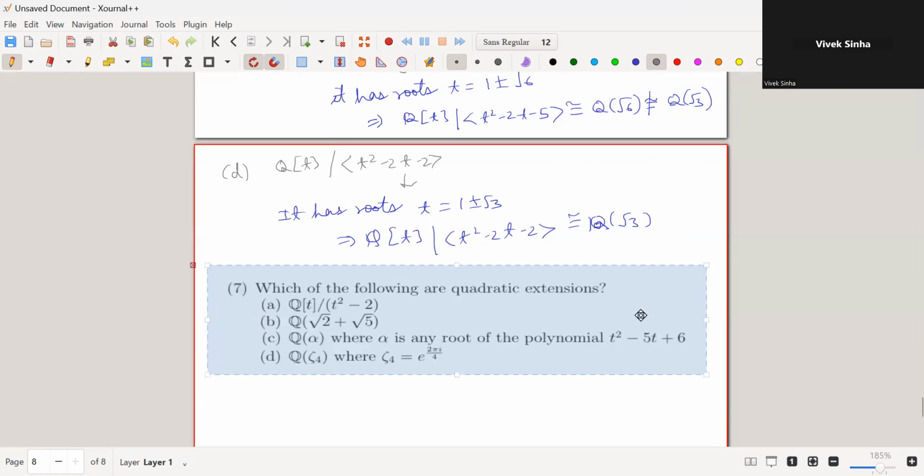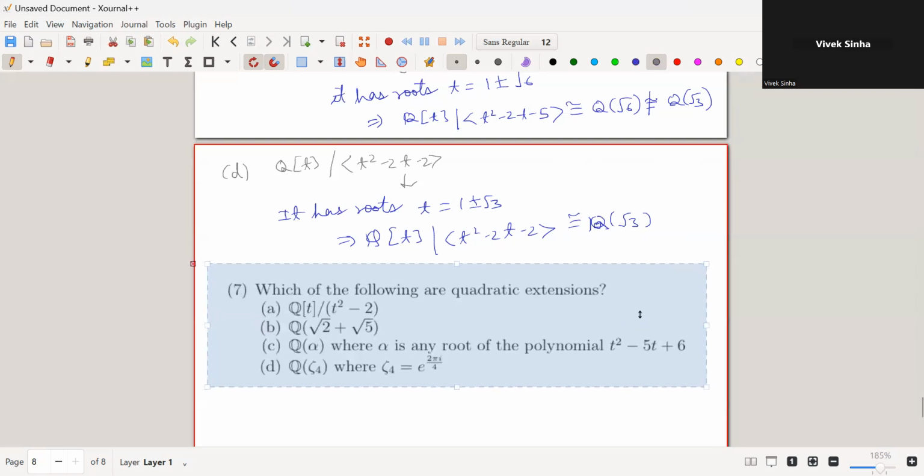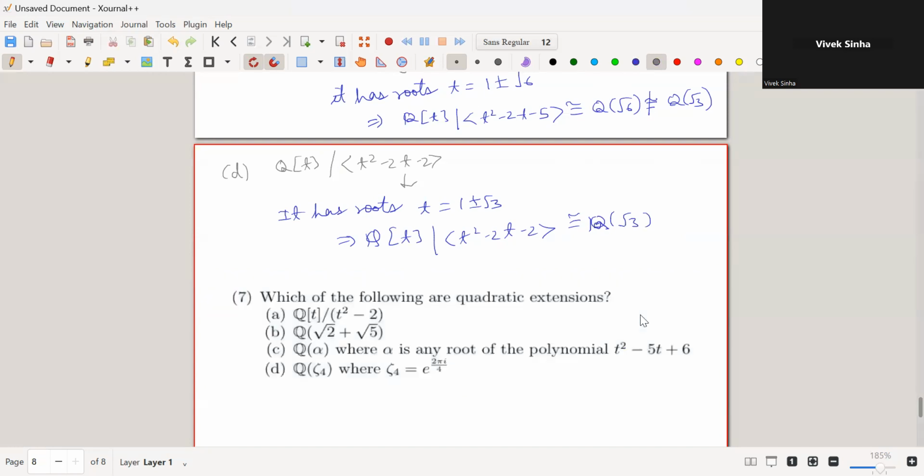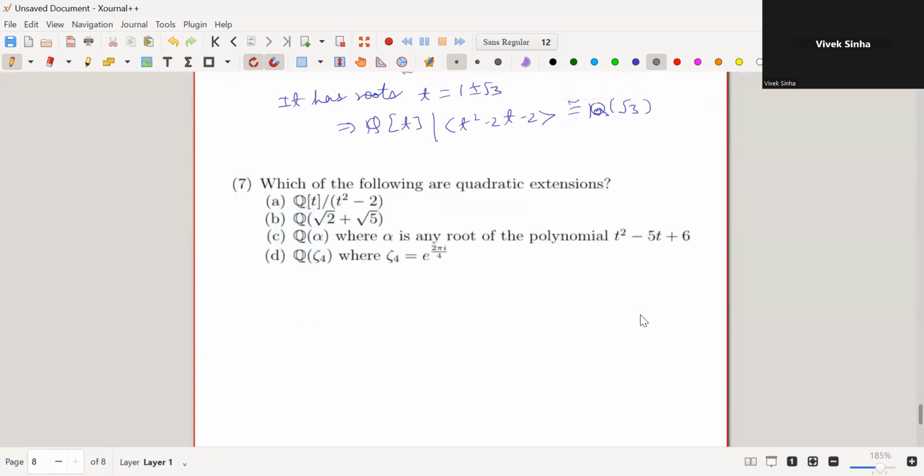It says which of the following are quadratic extensions. First one, clearly this is isomorphic to Q(root 2), right?